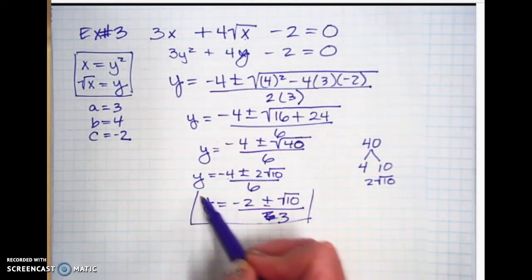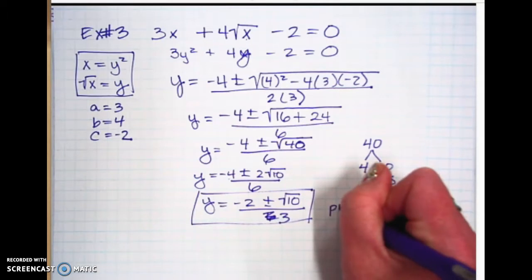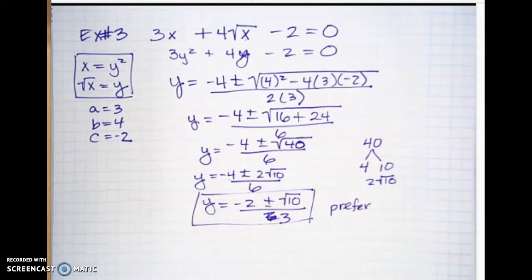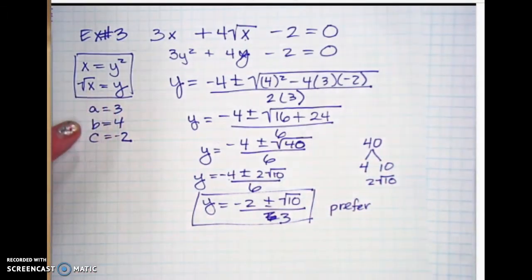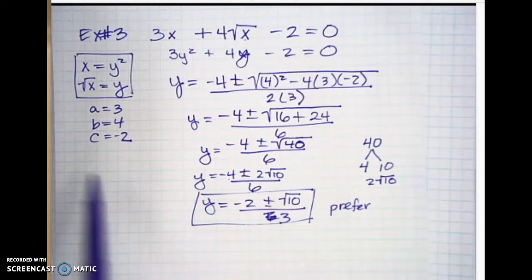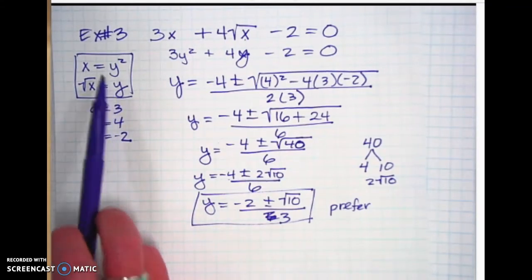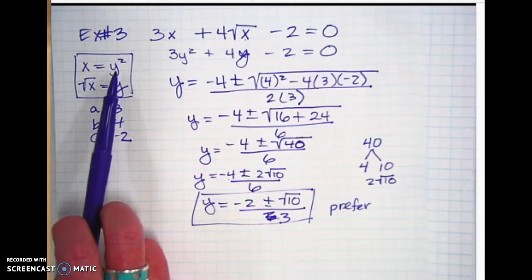Okay? This is how I prefer the answer. But we haven't substituted back in yet, right? Remember at the beginning, we used y squared for x, and we used y for the square root of x. Okay? So we have to substitute back in. So I'm going to use this one right here, where x is equal to y squared.